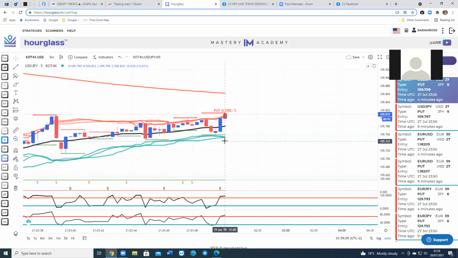I do remember being so fearful about that, and in the end I just had to take the plunge. It's very difficult at the very beginning. I just sat here and took as many trades as I could on demo in any spare time, and then from that I switched to the lowest amount of money I possibly could and took several that way. It's simply about the repetition. Put score of 5.